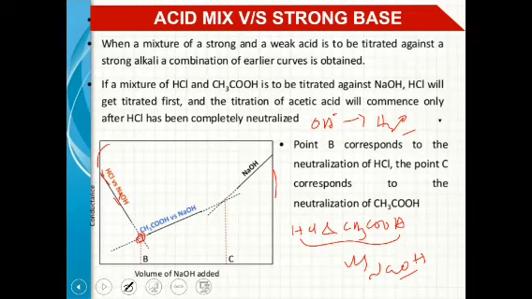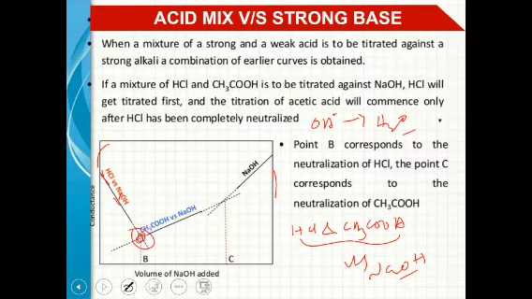Why does HCl react first with sodium hydroxide? Because HCl is a strong electrolyte, initially the HCl is involved in the reaction. Acetic acid is a weak electrolyte, so initially it will not react with the sodium hydroxide.